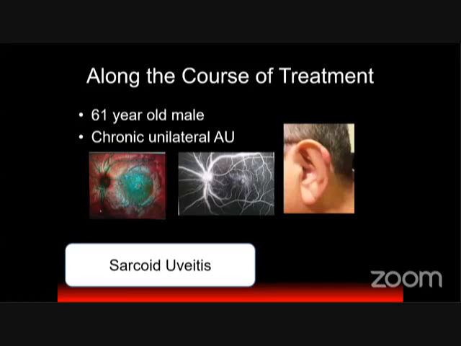He was only on drops. And then he developed granulomatous inflammation of the skin and also posterior segment vasculitis and macular edema. This patient was biopsied and was proven to be sarcoid. So always be flexible.